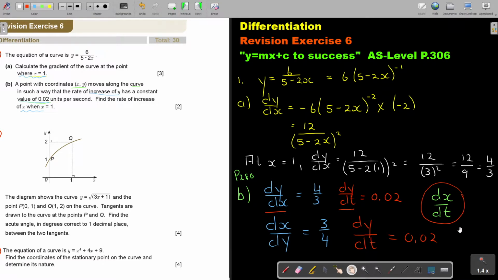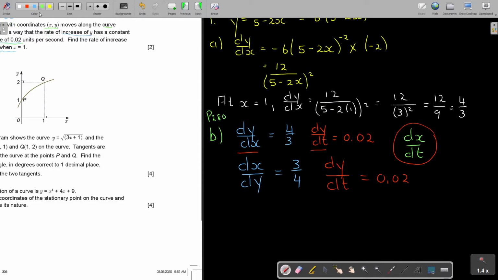Now, let's just do that chain rule. So, let's say dx over dy times dy over dt. The y's cancel. Do you see? I end up then with dx over dt, the one I want.